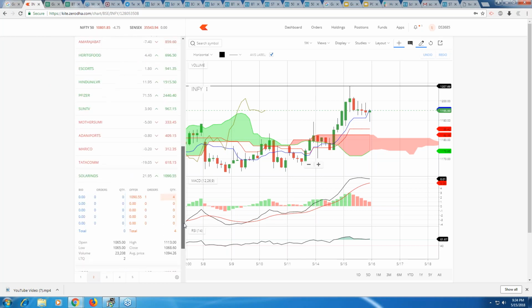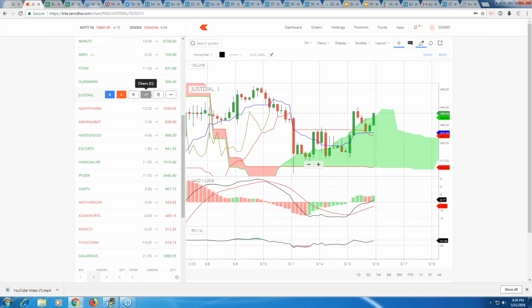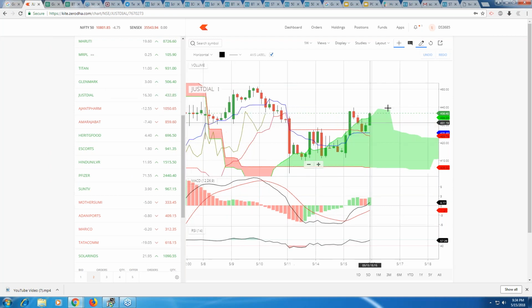What is Just Dial? Here. See, in 1 hour, it's just piercing. The blue line is crossing from bottom up, right? So Just Dial looks good to me. And Siemens.